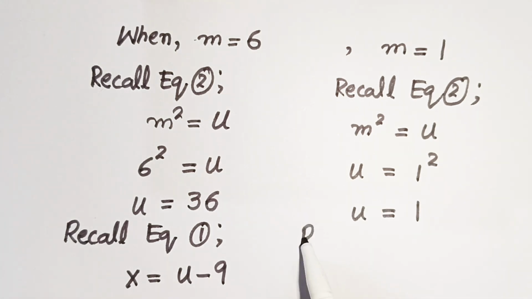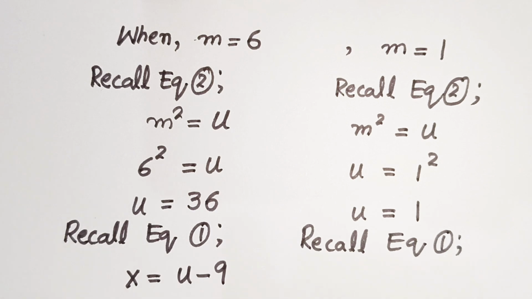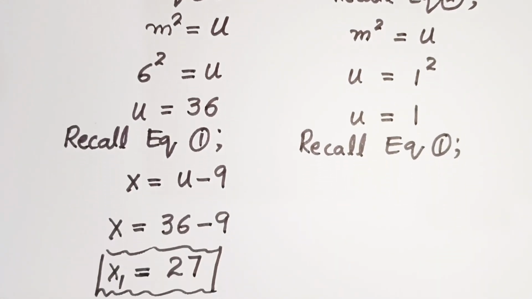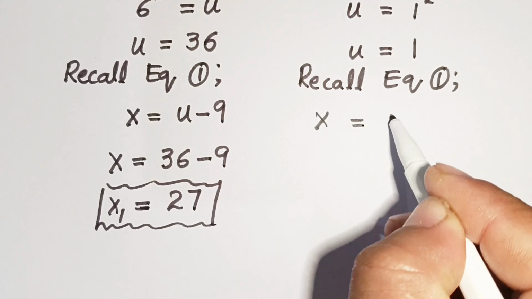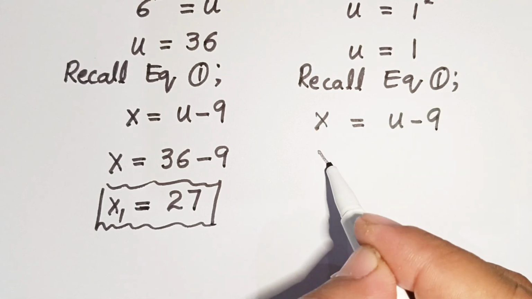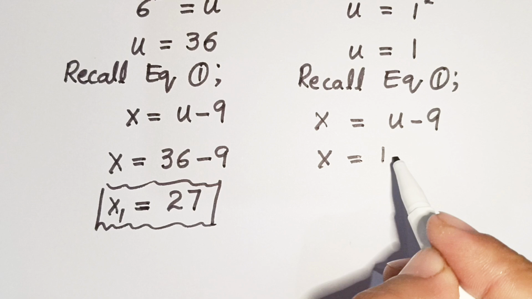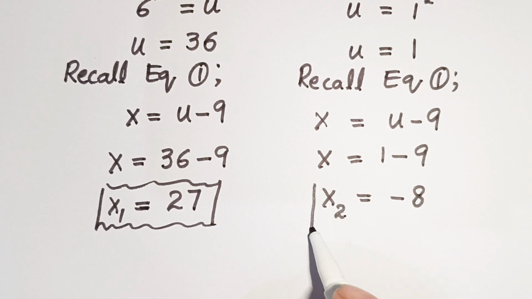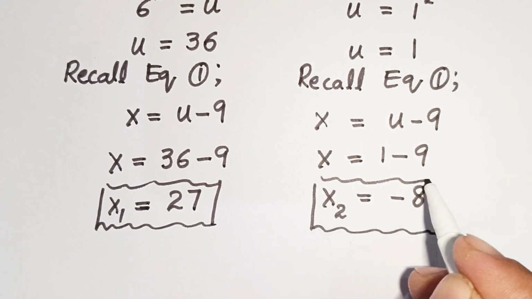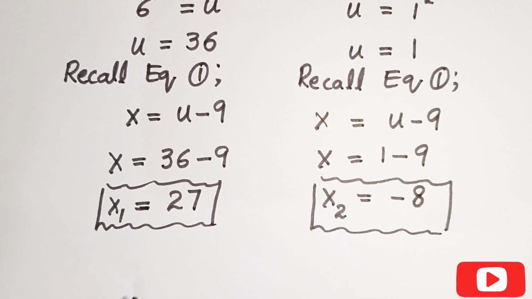Now recalling equation 1, x is equal to u minus 9. So x is equal to 1 minus 9, x is equal to minus 8. Let's say it is x2. So we have two values of x. First is positive and the next one is negative.